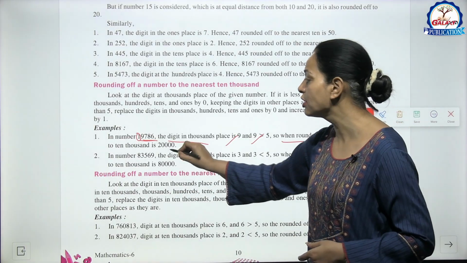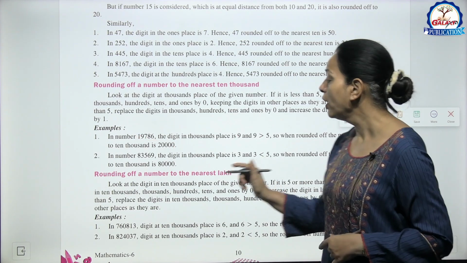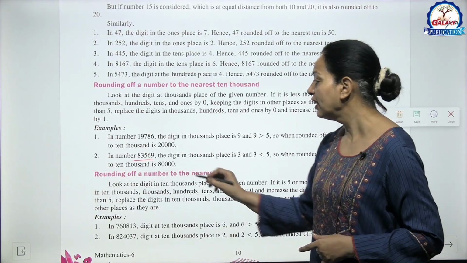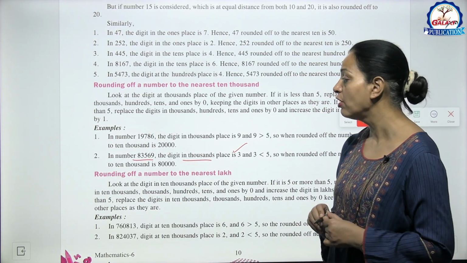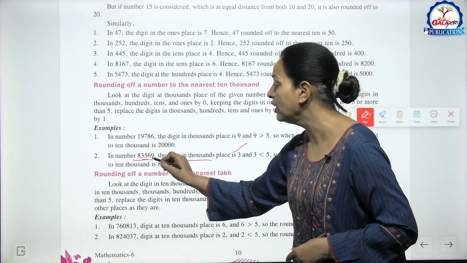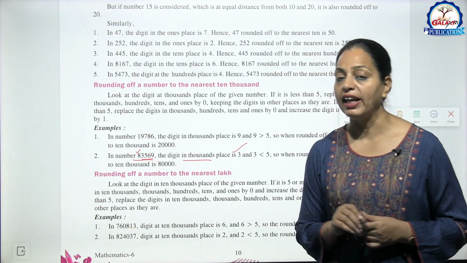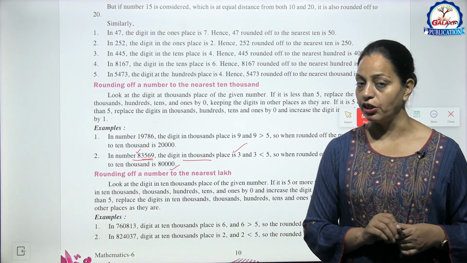So this becomes 20,000. Now example 2, in number 83,569, the digit in thousand place is 3, which is less than 5. So what to do? Make all these digits 0 and there is no change in 10,000 digit. So it becomes 80,000. Okay.